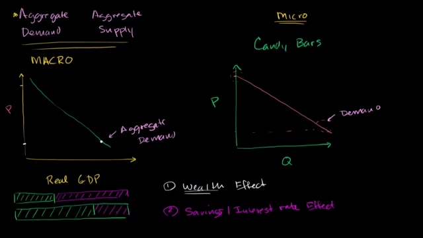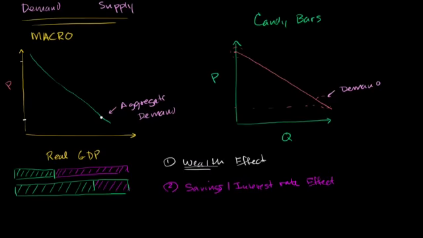And so when you have an increase in savings, so remember, all other things equal, when prices go down, then savings go up, which means that the supply of money to be lent goes up, and we saw that in a previous video.